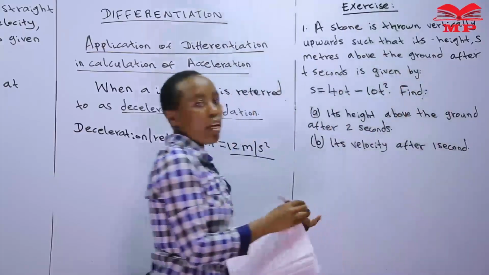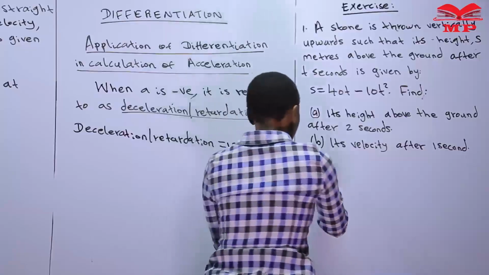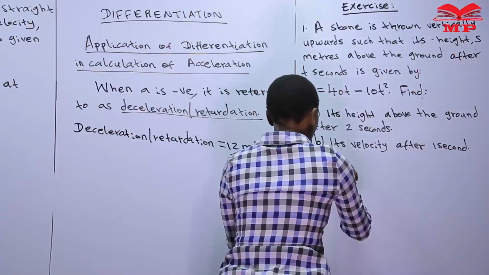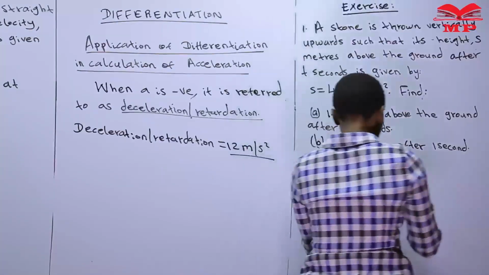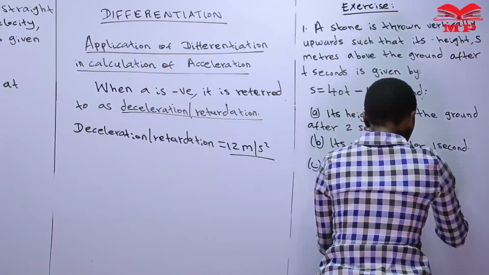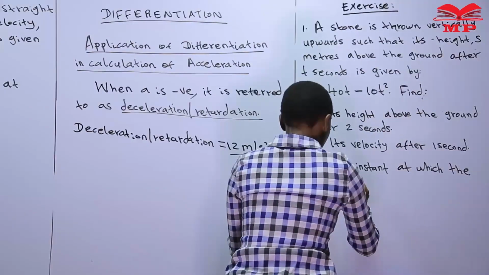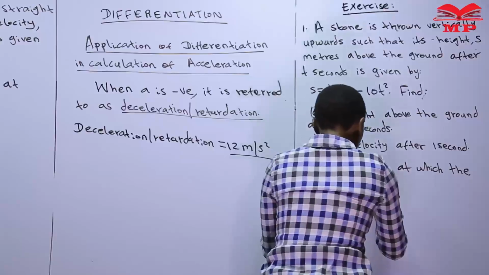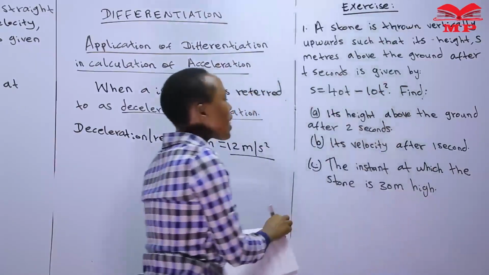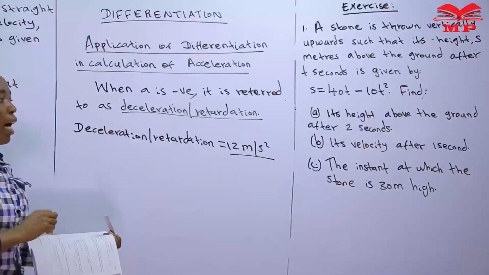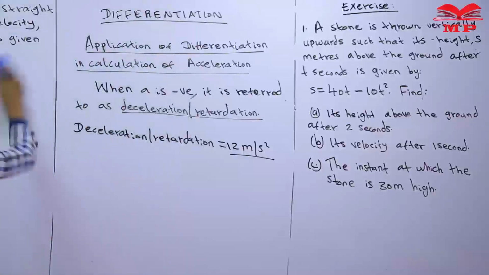Finally, number C, you calculate the instant at which the stone is 30 meters high. So whenever you hear of the instant, it simply means the time at which the stone is 30 meters high.